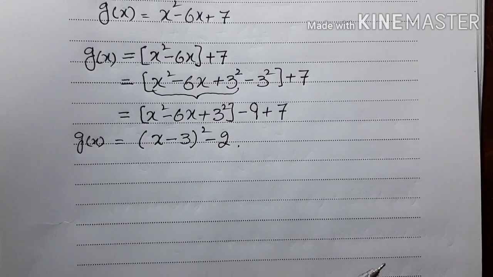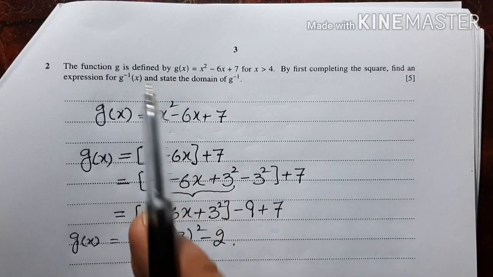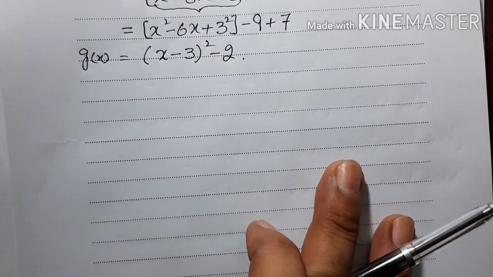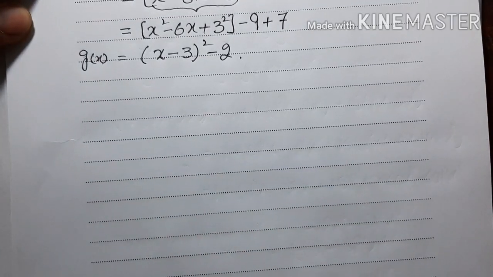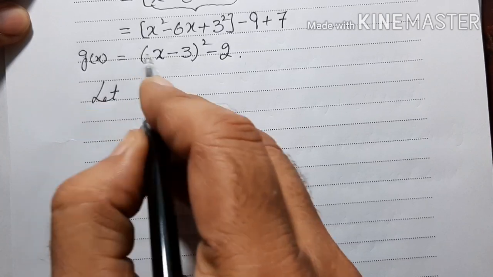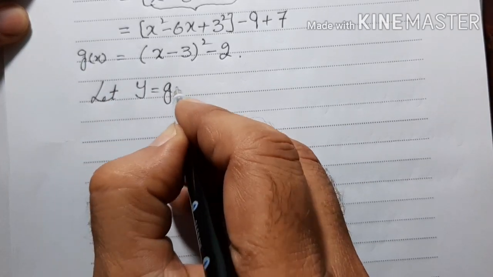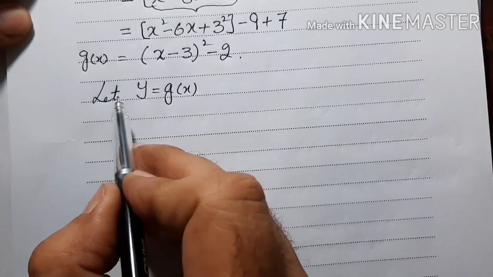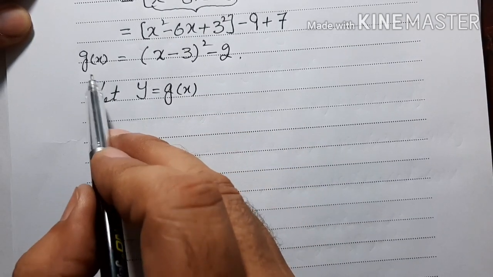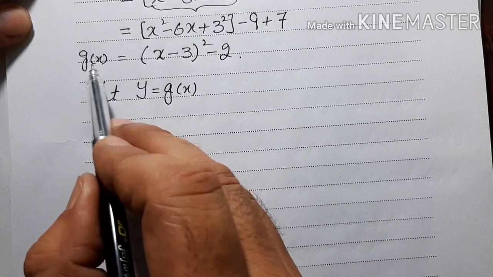Now I'm going to find the inverse of g(x). This is the process. Let y be equal to g(x). It means I suppose this g(x) is y.